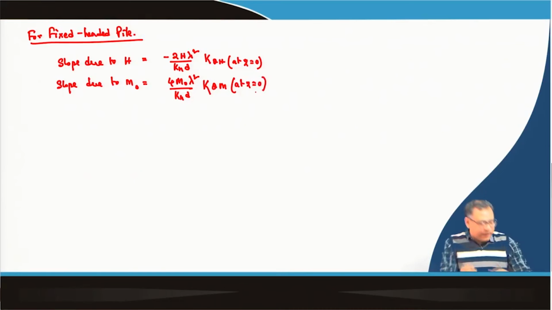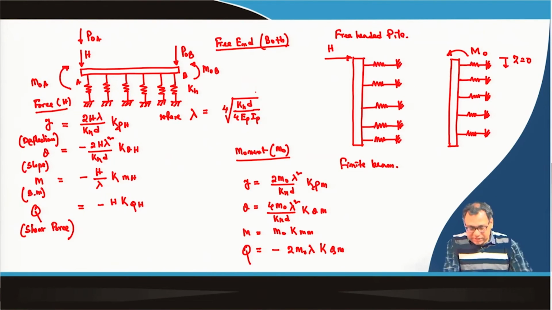So, we will equate them and we will not consider the sign, because these equations are given under a particular loading and moment direction. That means, the load is acting in this direction and the moment is acting in the anti-clockwise direction. So, under these conditions these equations are given.